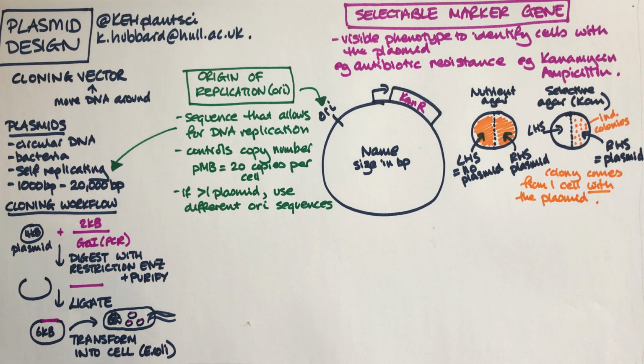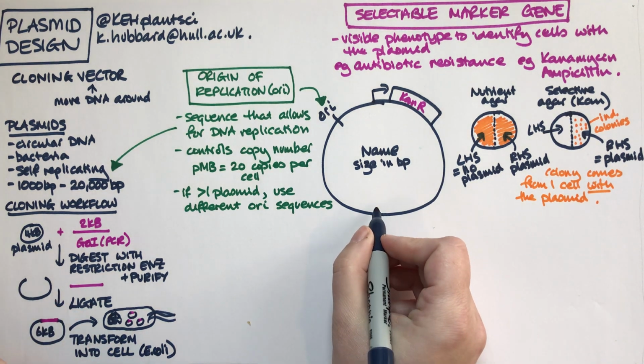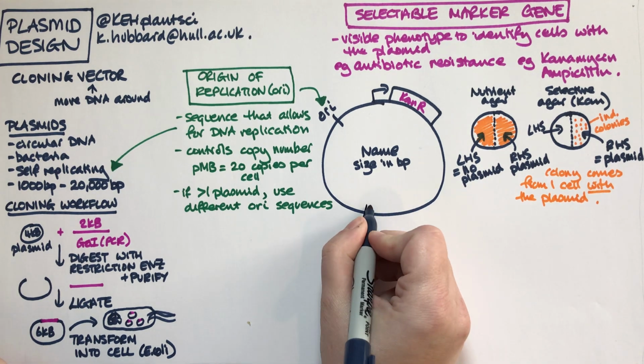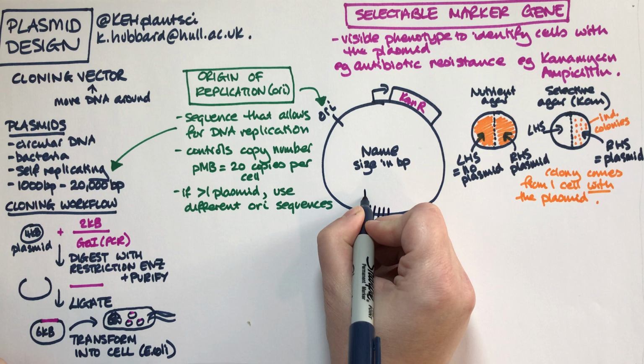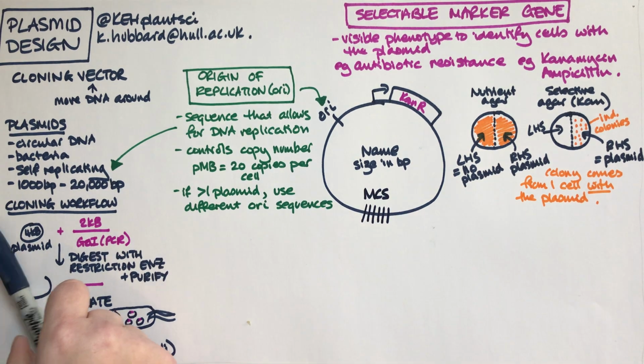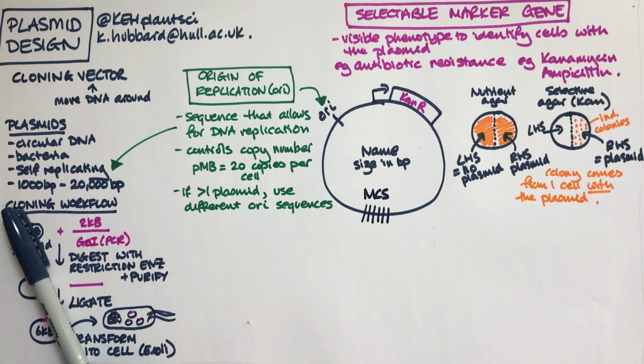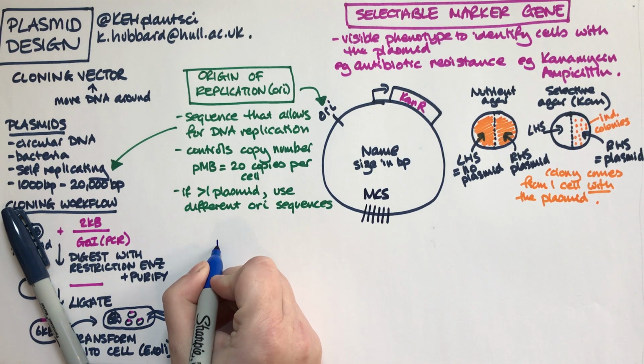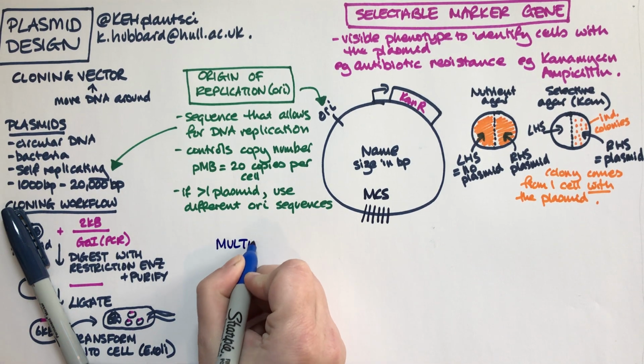So the other big thing that we need in our plasmid, if we're going to use it for cloning or for biotechnology, is a multiple cloning site. And I've got other videos, so if you look at my restriction cloning video, it goes through multiple cloning sites in more detail, but I'll do a summary of them here. So we've got the multiple cloning site.